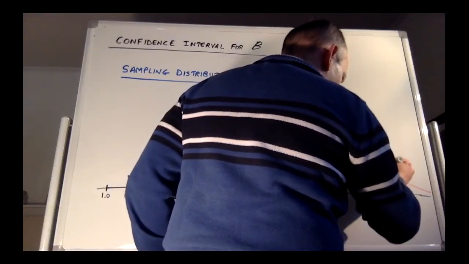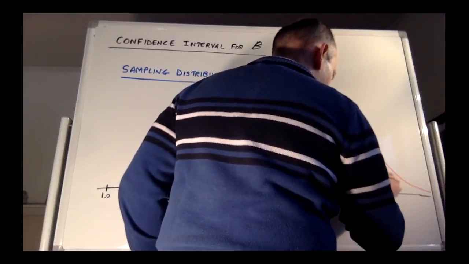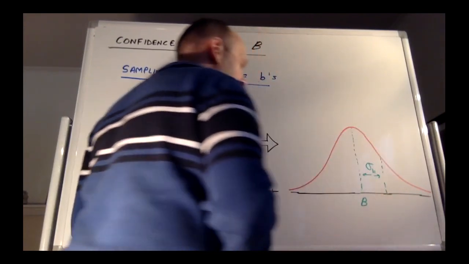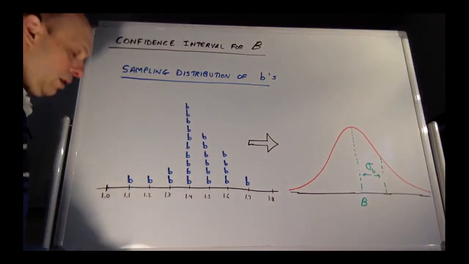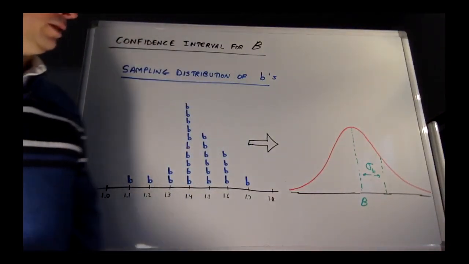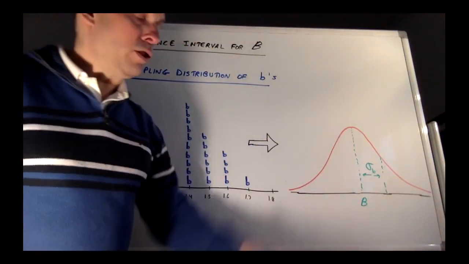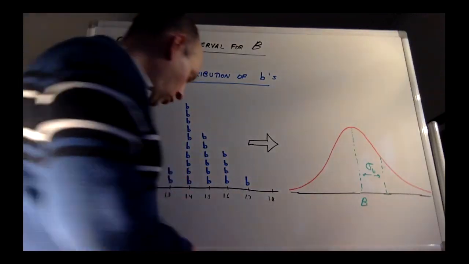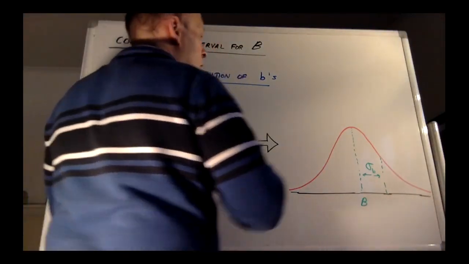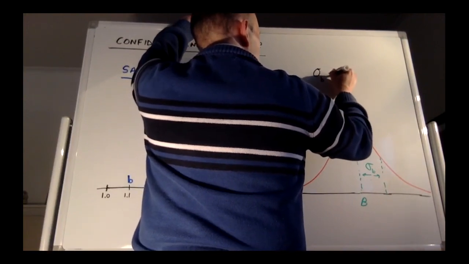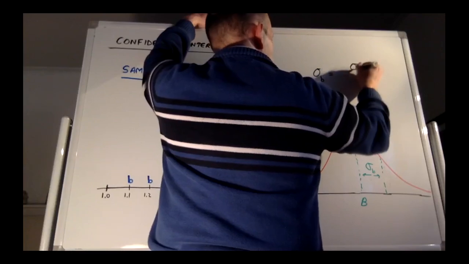So if we went one standard deviation up, this would be the standard deviation of our B's. Again, that's our statistic here. And it turns out there's a formula for that. The formula for the standard deviation of your statistic, in this case, the standard deviation of your B's, is going to be equal to this. Sigma, that's the numerator.